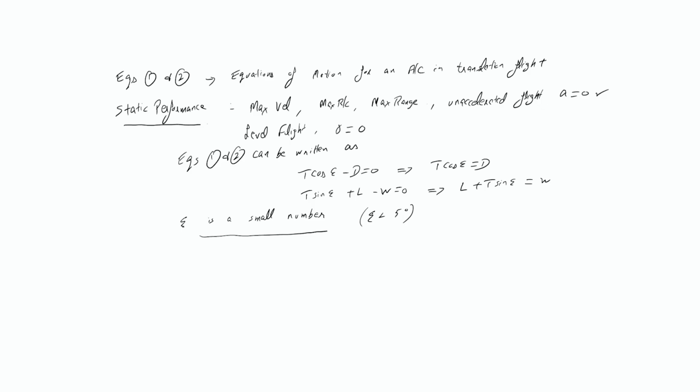So if epsilon is a small number, cos epsilon is approximately 1 and sin epsilon is approximately 0. Now these equations can be further written as T cos epsilon equals D: thrust equals drag, and lift equals W. So these are the equations for level unaccelerated flight.